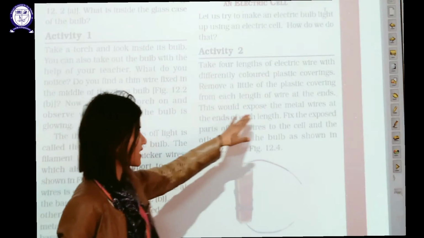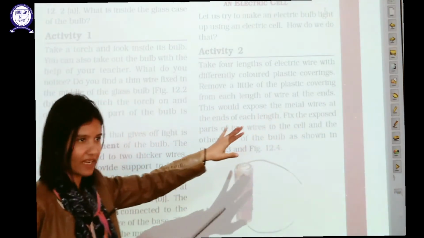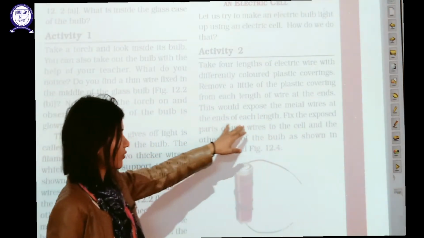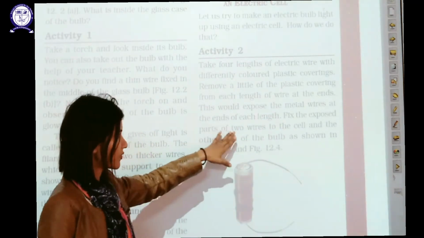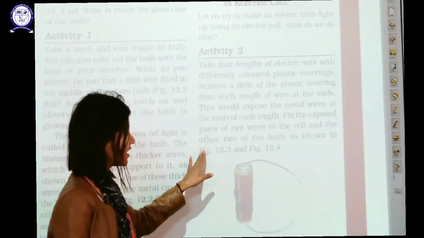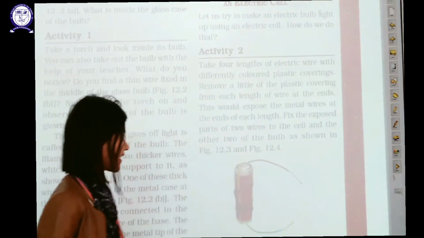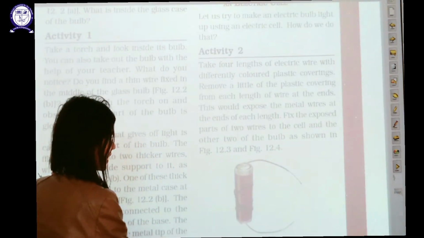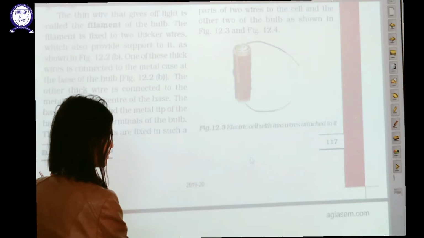This would expose the metallic wire which lies inside at the end of the length. Fix the exposed part of two wires to the cell and the other two to the bulb as shown in this diagram, 12.3 and 12.4. Like this we have to do.